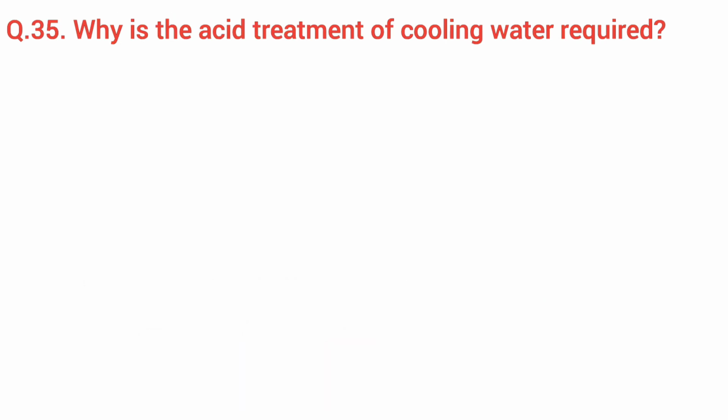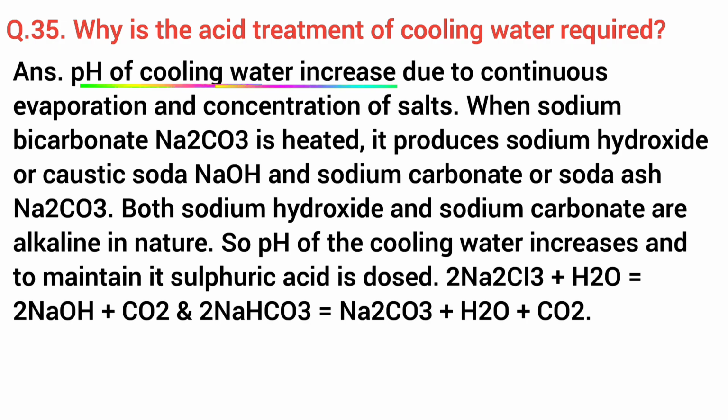Why is the acid treatment of cooling water required? The pH of cooling water increases due to continuous evaporation and concentration of salts. When sodium bicarbonate is heated, it produces sodium hydroxide or caustic soda, NaOH, and sodium carbonate or soda ash, Na2CO3.